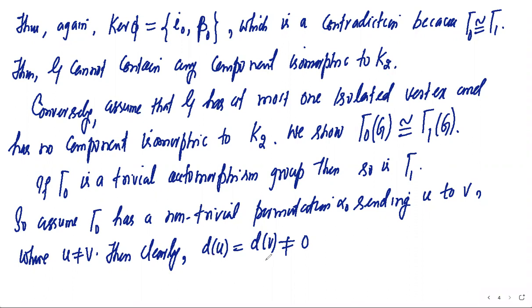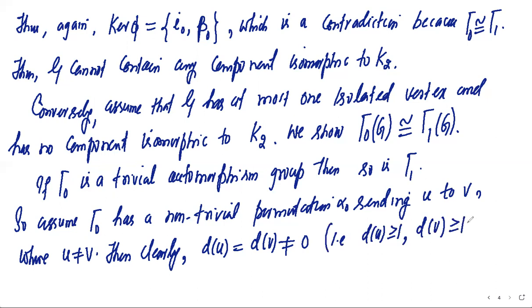Now their degrees cannot be equal to 0, so therefore degree of U is greater or equal to 1 and degree of V is greater or equal to 1.